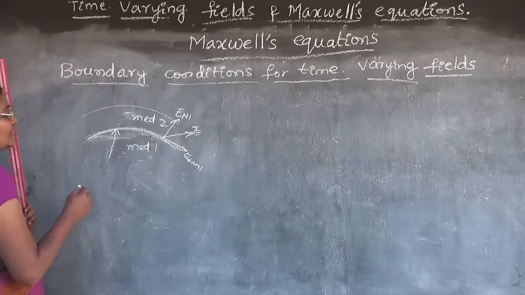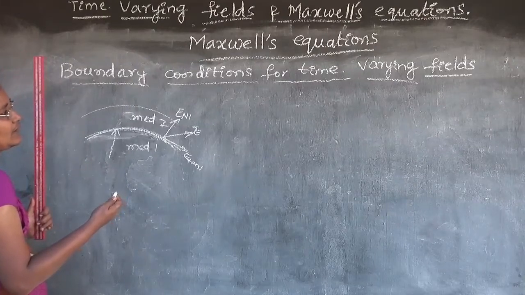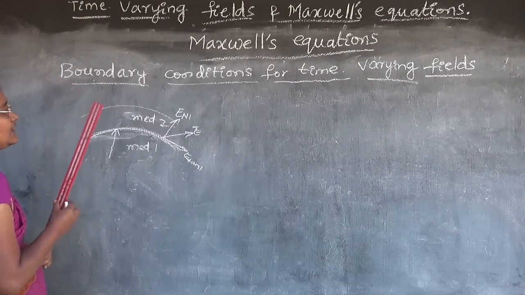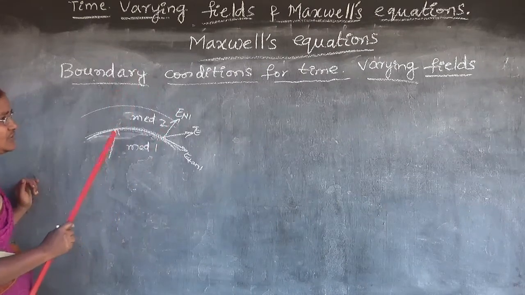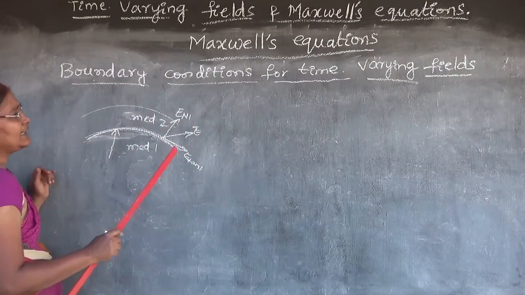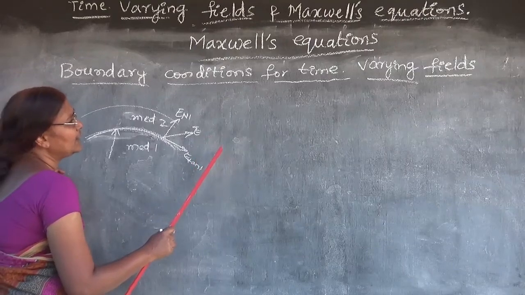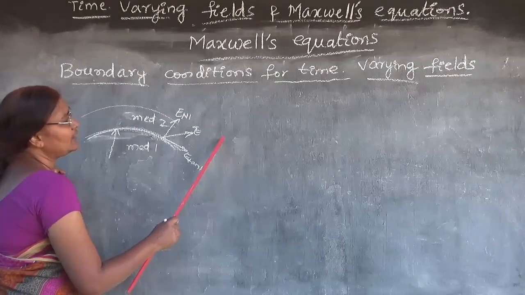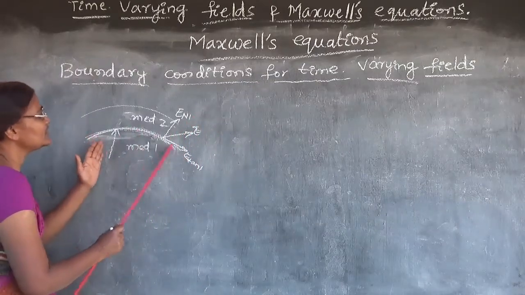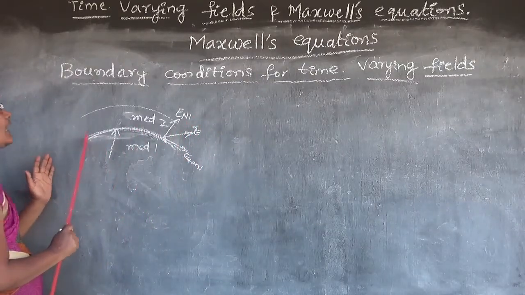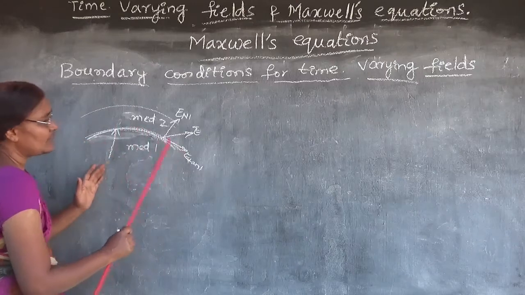In static fields, we learned some identities: E tangential 1 will be equal to E tangential 2, and D normal 1 is not equal to D normal 2 when the boundary is a perfect conductor, or when the boundary is a perfect dielectric.